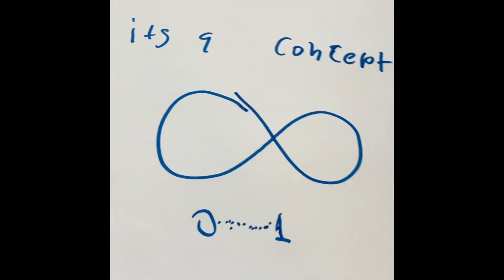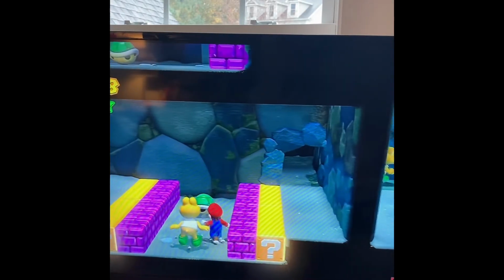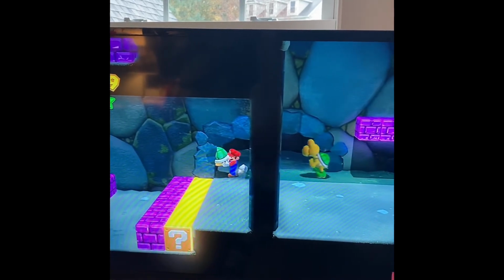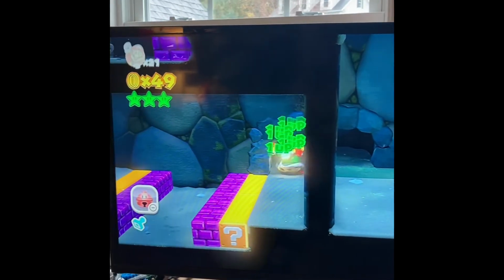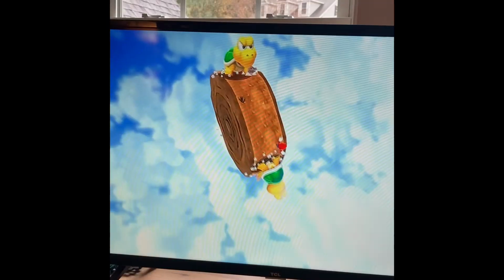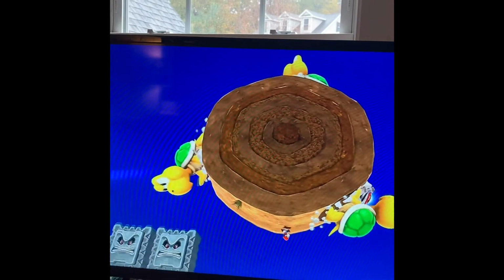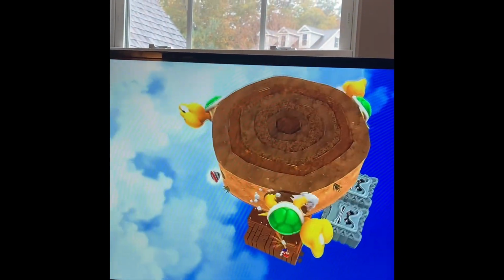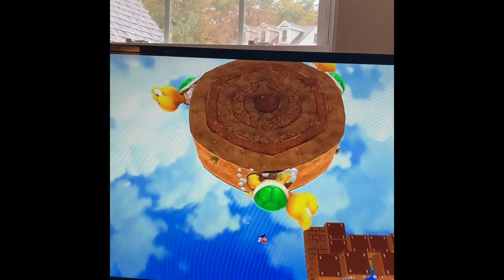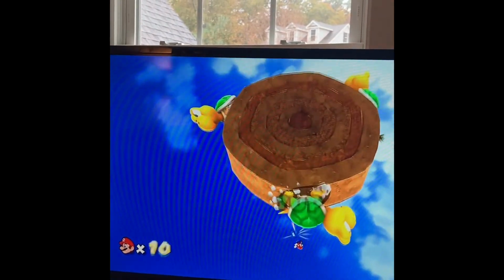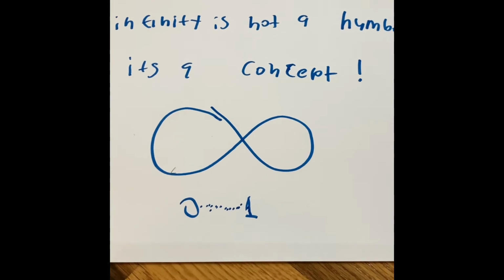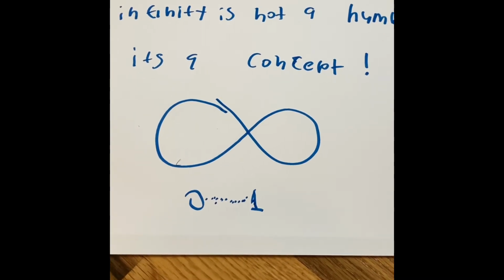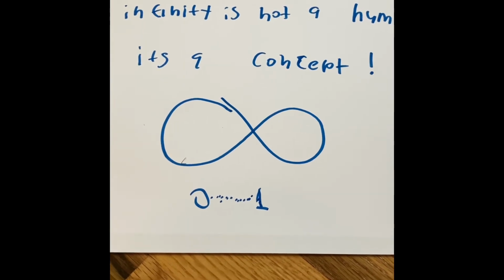It just keeps going and going. You will learn more about infinity in your years of calculus. So let's move on to the next function.